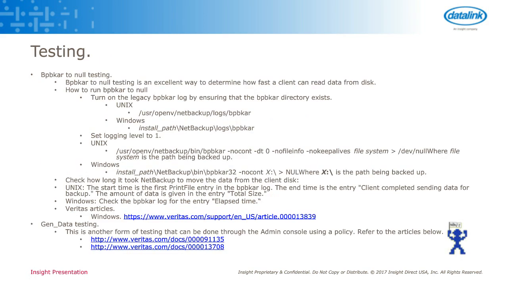So let's move into some testing to help you determine where to make your tuning adjustments. In older versions of NetBackup, this was accomplished through what's known as bpbkar to null testing, which is basically having the client process read the data that's to be backed up as fast as possible, but sending it to null.